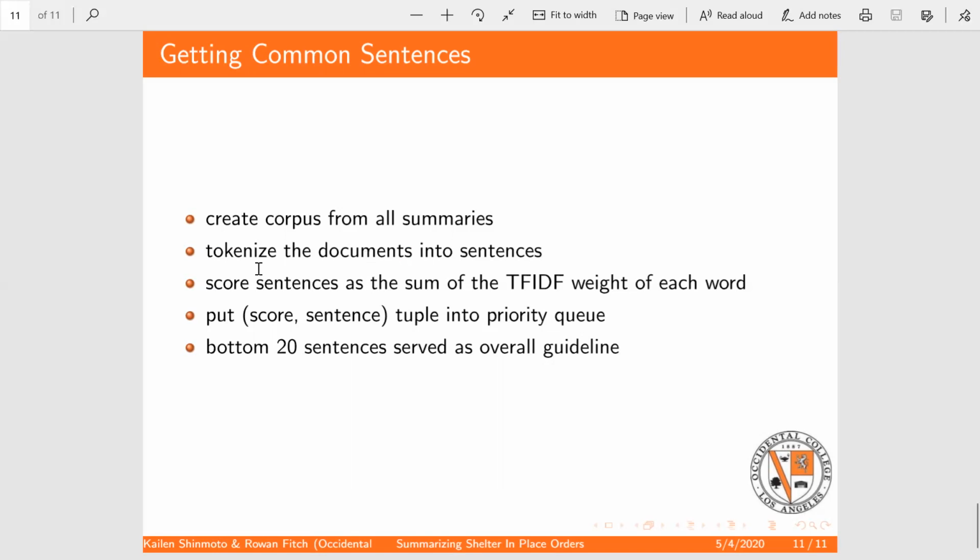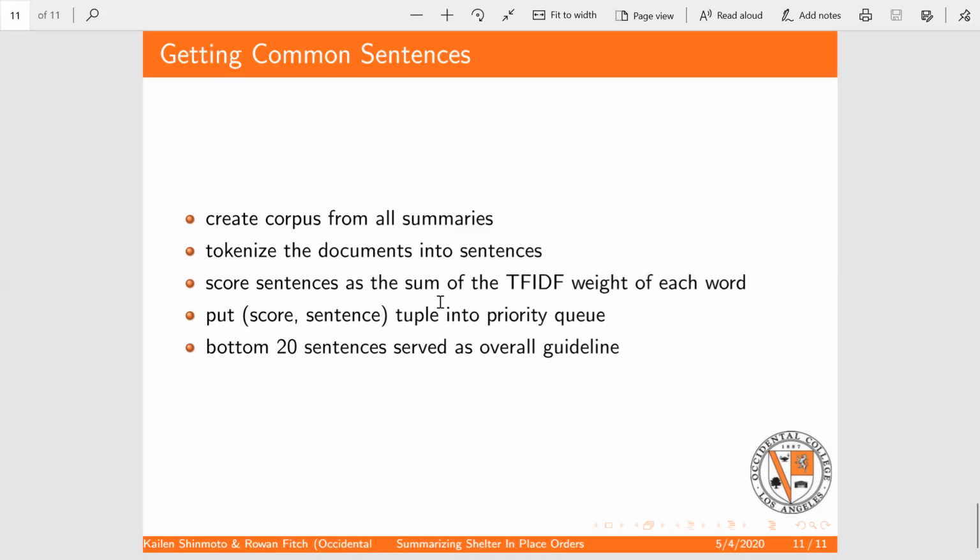Then each sentence was scored as the sum of the TF-IDF weight of each word. So let's say a sentence had 5 words in it. The score of the sentence was the TF-IDF weights of each of those 5 words added together.